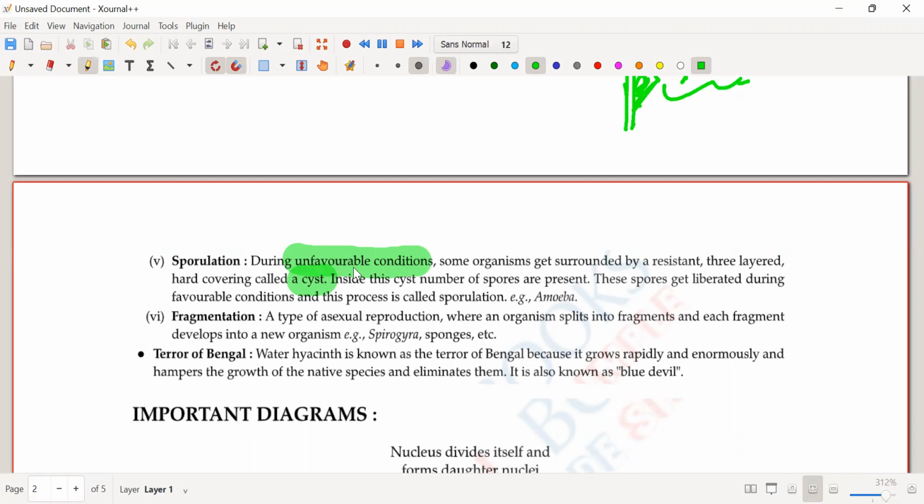Because they are sporulated. The eggs of mosquito will be covered by a layer known as a cyst, which protects the egg from destruction. When favorable conditions arise, these eggs will be liberated. This is known as sporulation. Inside the cyst, a number of spores are present. These spores get liberated during favorable conditions, and this process is called sporulation.